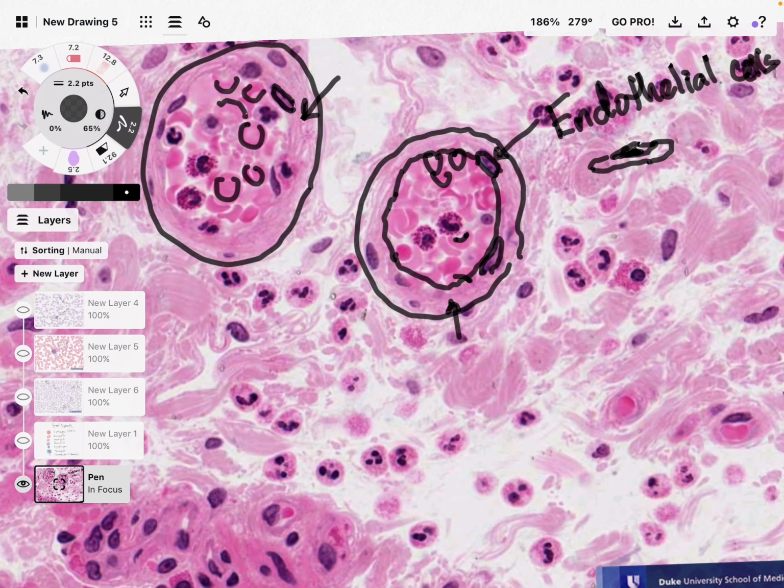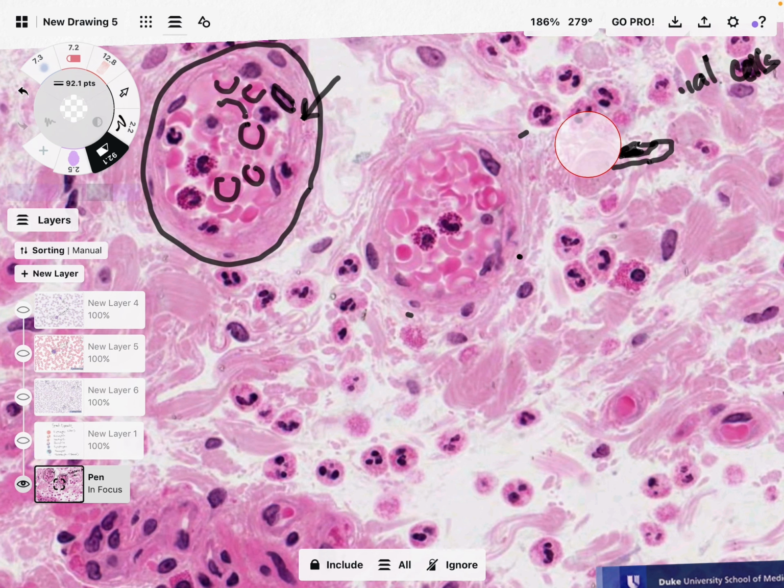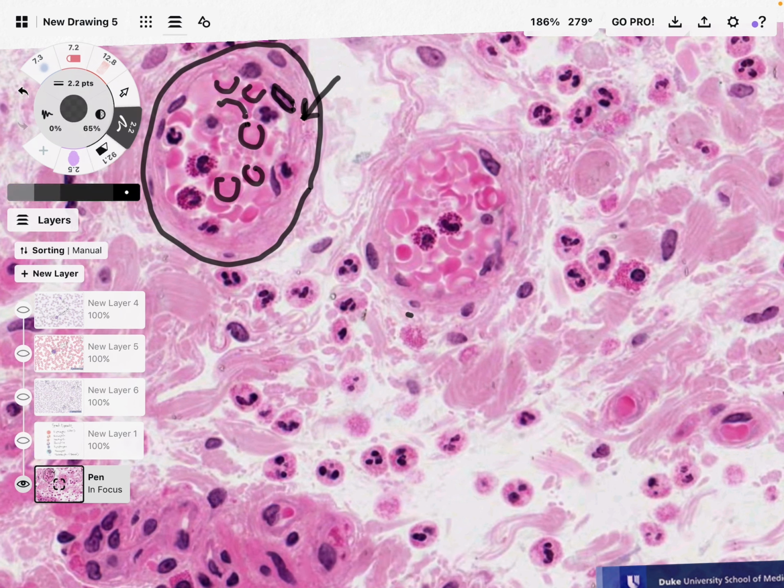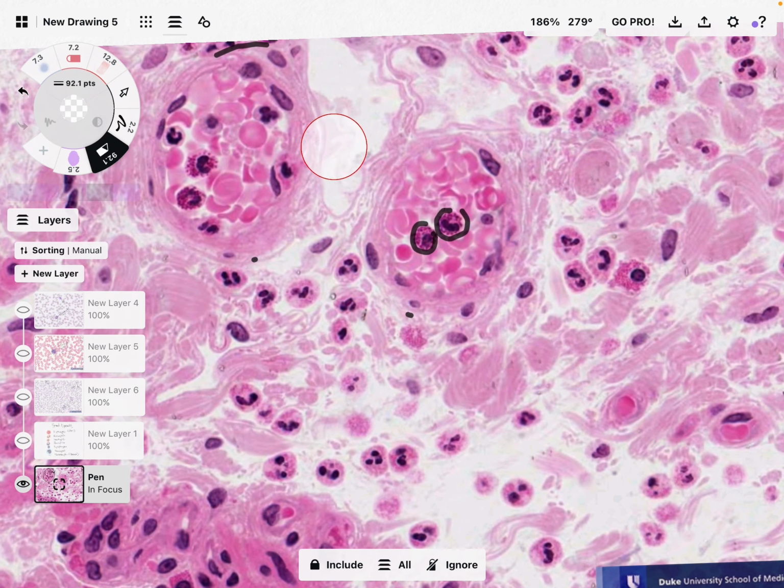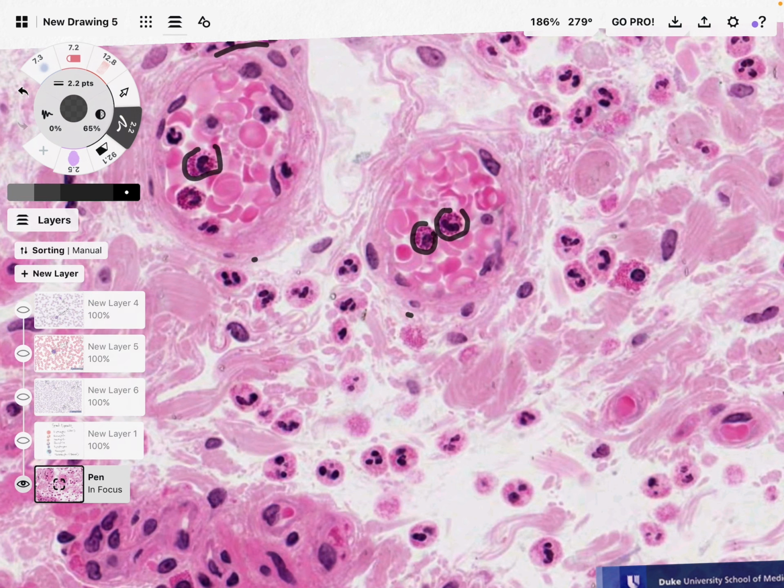Some things that are inside these blood vessels, aside from the red blood cells, sorry, let me erase some of this stuff here, that I want to point out are this cell, and these cells. These are eosinophils.